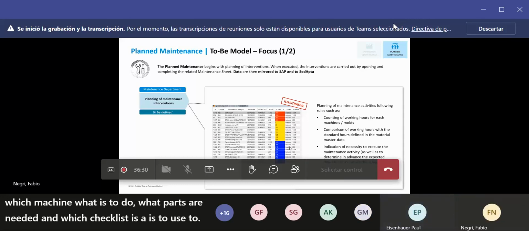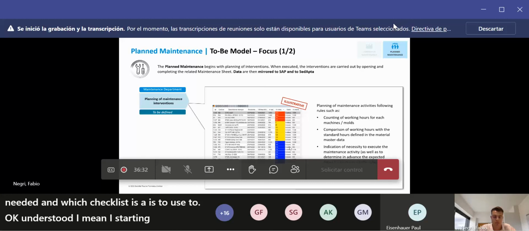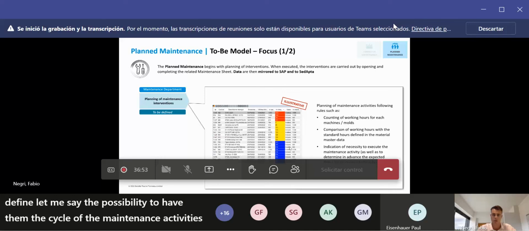Okay, understood. As a starting point, do you see the need to continue to manage them? If we are going to structure the process either on Iris or on SAP, do you think it's necessary to define the cycle of the maintenance activities, and also the documents to generate?